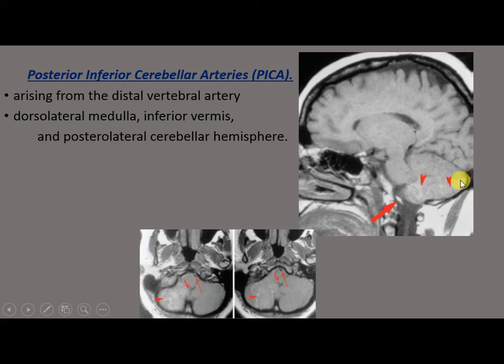This is also an image showing infarction of the PICA. As we said, it involves the dorsolateral medulla, inferior vermis, and the posterolateral cerebellar hemispheres.